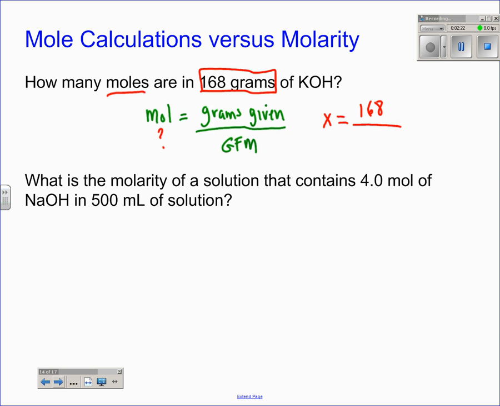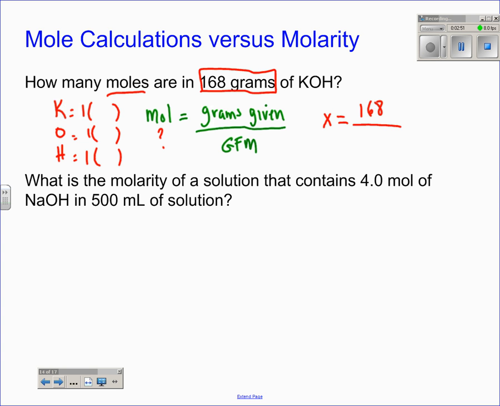The GFM of KOH is found in the following way. You figure out what elements you have. We have potassium, oxygen, and hydrogen. We figure out the number of atoms of each that we have. There's one atom of potassium, one atom of oxygen, and one atom of hydrogen, and we multiply that by their atomic masses.